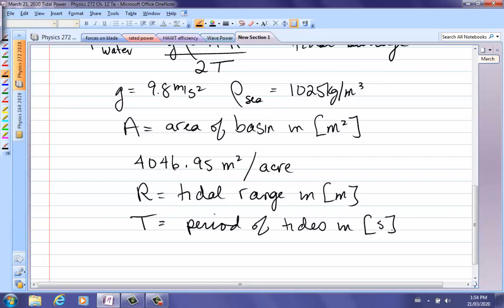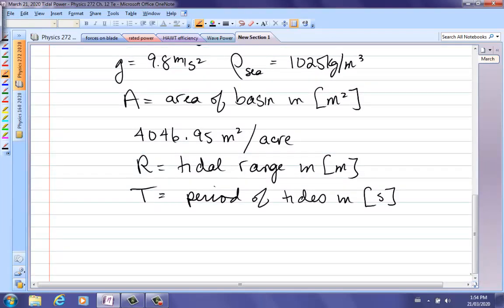Okay, so that's really all we need. We can actually do this example now. Let's make sure I gave you all those equations. Yeah. Okay, so let's do that example. We are told the tidal range is 4.6 meters, so that's R. So the example above, R is our 4.6 meters.